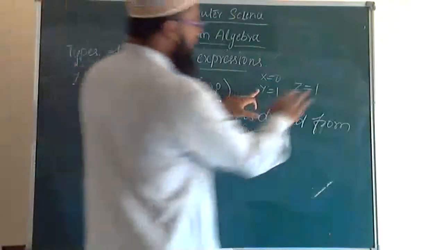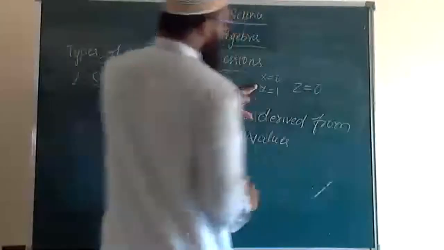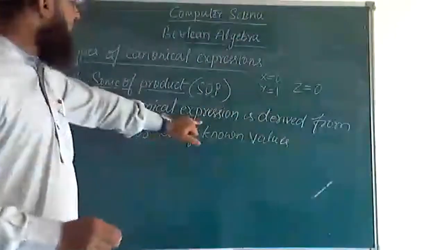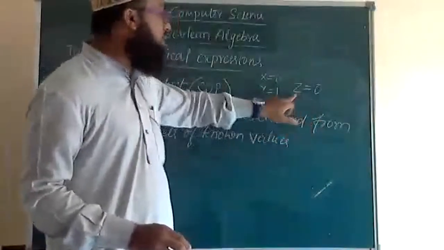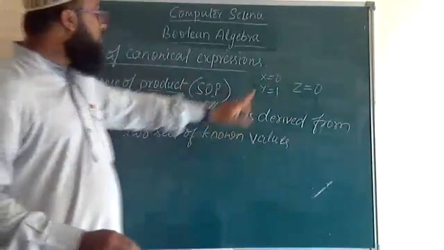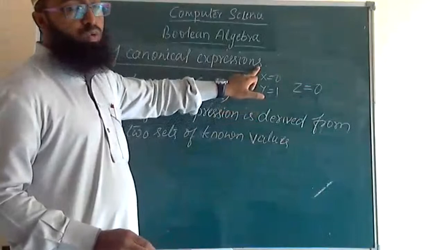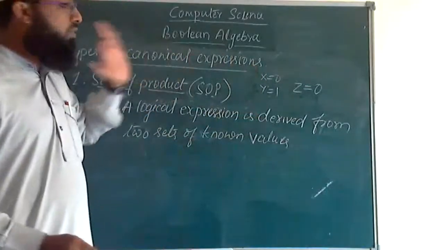If we do x and y, then the answer will be 0. This means the value of the logical expression z is derived from two sets of known values. That is called the sum of product.